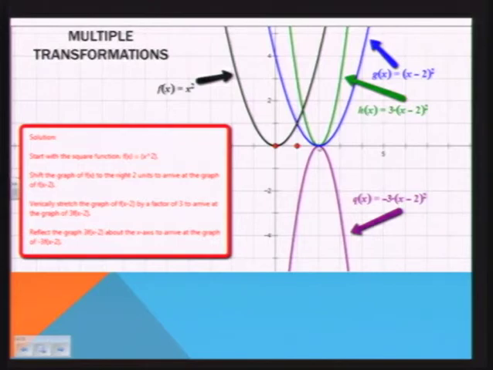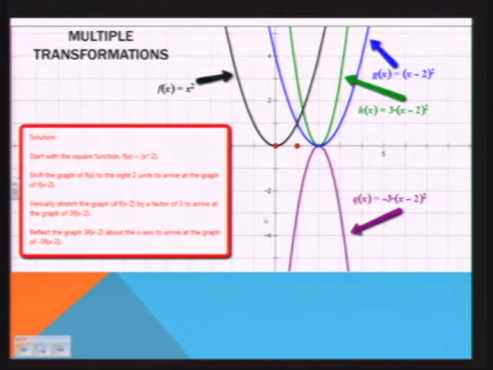Now, we took that into place and we took on a vertical stretch, which you will see as the green graph. And lastly, we would take a look at the reflection about the x-axis of the graph. So you would notice that now the actual graph has flipped, considering the fact that you have multiplied the function itself by a negative.